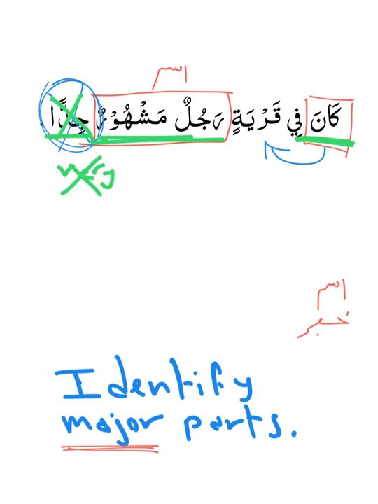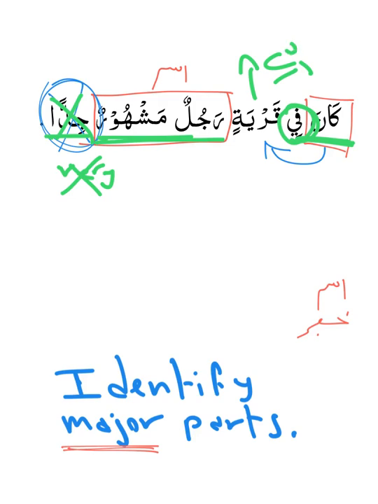There was a famous man in. Fi means in. And the word qarya means village. So, there was a famous man in a village. Note there's no al here. All these things matter. Attention to detail.